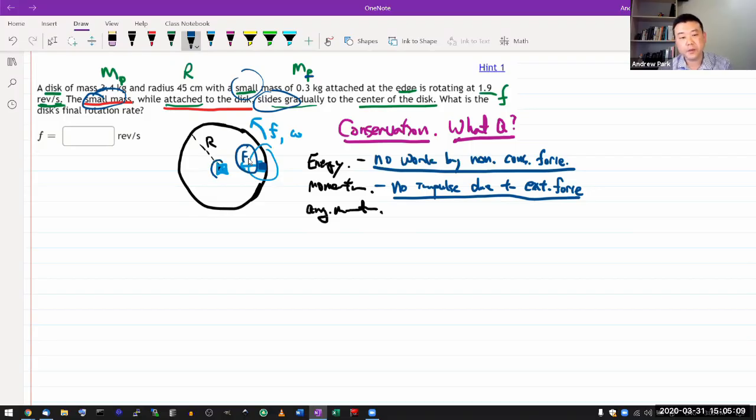And there's probably a pivot at the center of the disk, which applies whatever external force is needed to keep it from moving around. So go with the assumption that momentum is probably not the conserved quantity. That leaves you with angular momentum.